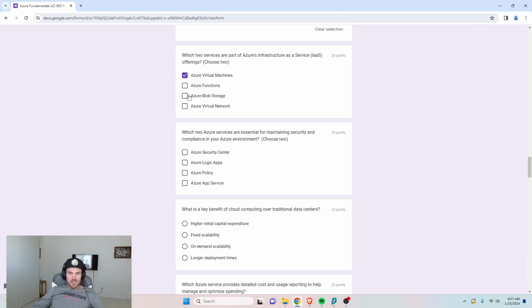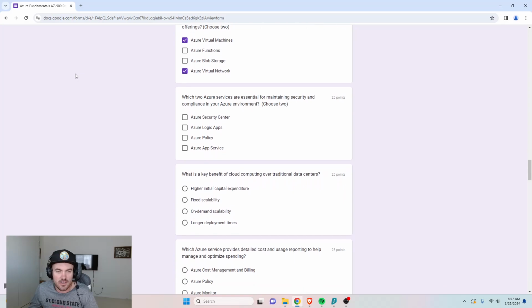Azure Blob Storage, same thing. You're not really provisioning any sort of infrastructure. Virtual network, though, that makes more sense than Functions or Blob Storage because when you're doing a VNet, you're provisioning things like routers and switches, actual infrastructure that you need to have your resources be able to talk to each other and communicate. Okay, so I'm going to go with A and D there.